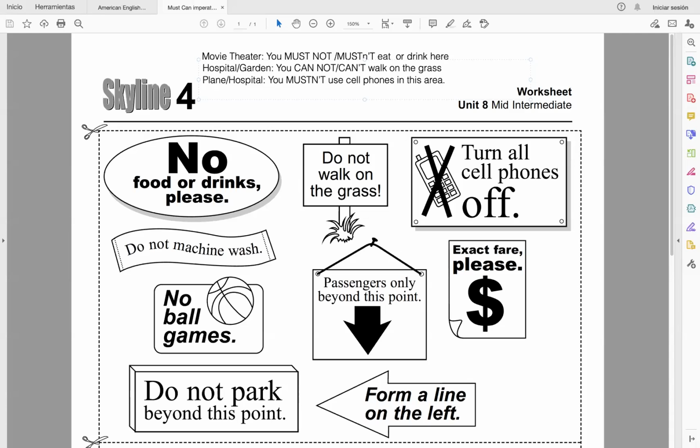What is machine wash? Que no puedes lavarlo con lavadora. Tienes que lavarlo con la mano. Okay, thanks. So, where can we find that sign? Our clothes. Yeah, clothes, right?